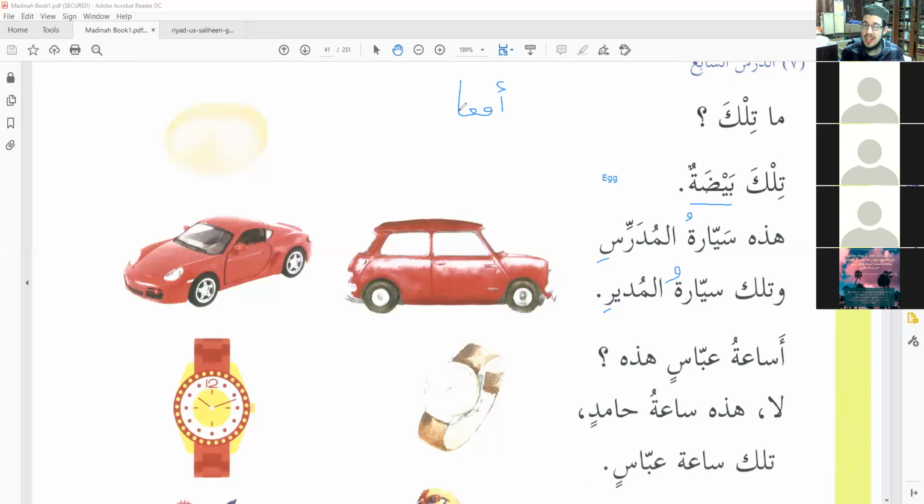Masculine colors, or I should say colors that describe masculine objects, are on the phonetic pattern af'al. So it would be, not for egg, but for something else, we would say abyad. See what we did with the root there? The root is the same. Ba, ya, dad.